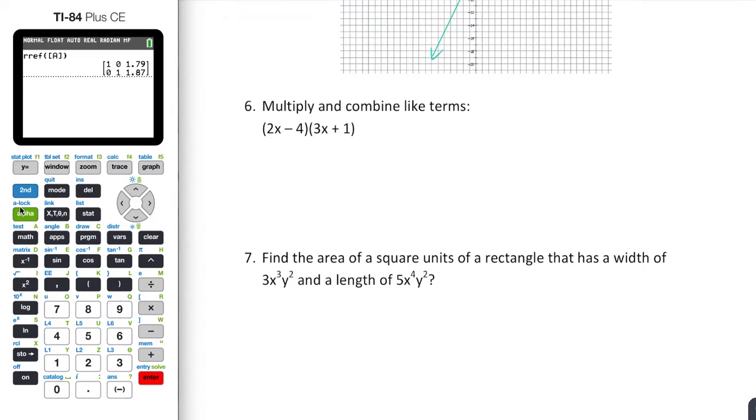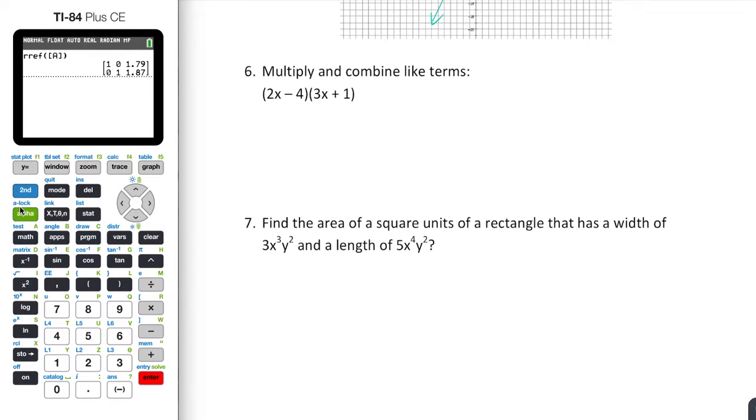All right, number 6, multiply and combine like terms. I'm going to do this one in our box method. So 2x minus 4, 3x plus 1. So multiplying 3x times 2x, we're going to get 6x squared.